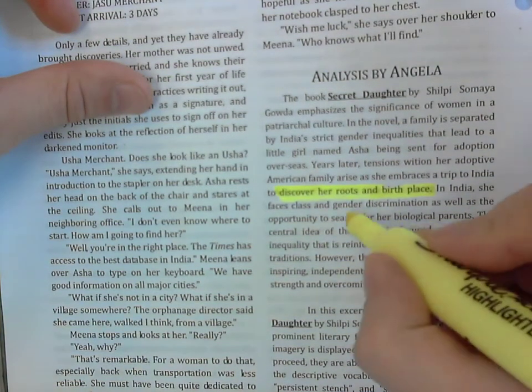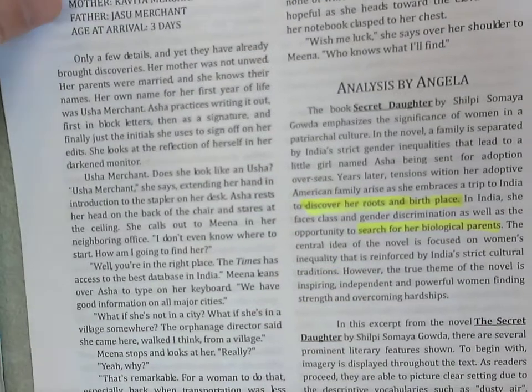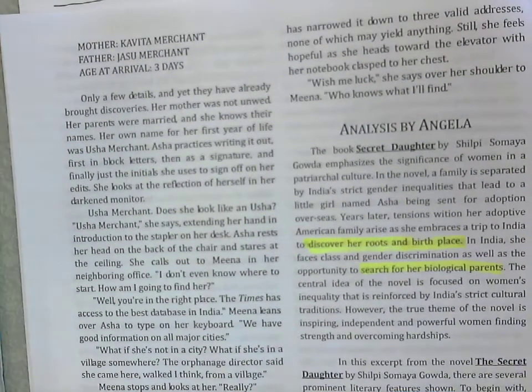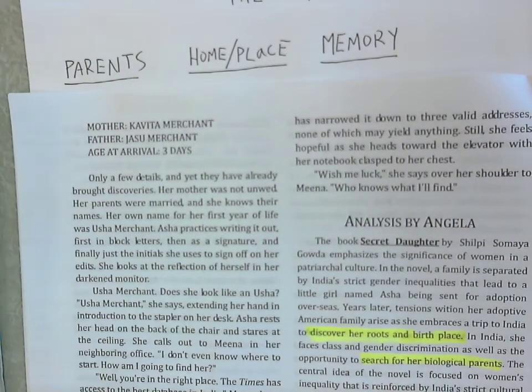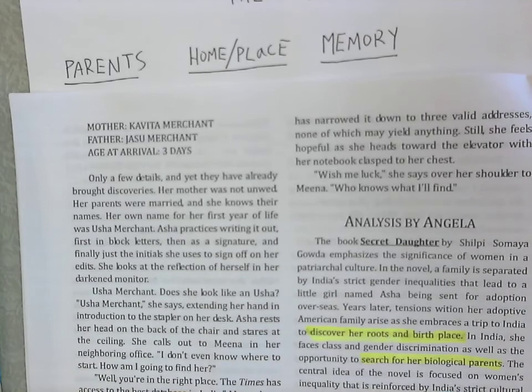And we see a search for biological parents. So does that relate to any of the themes we've already identified in the previous excerpt? Home and place. And parents. So that means we're going to be able to compare these on thematic grounds.